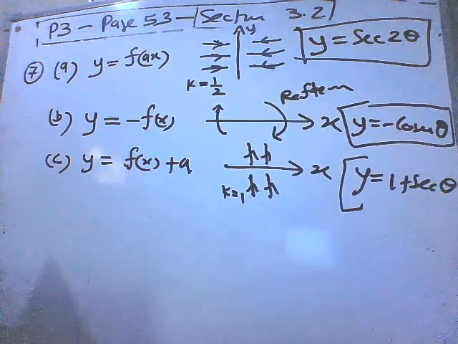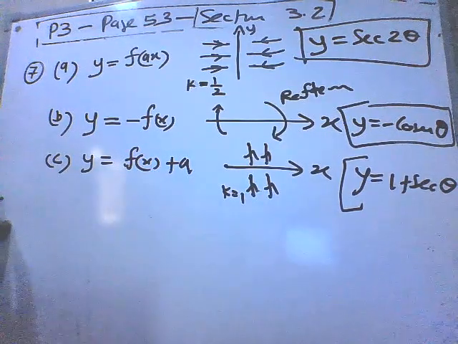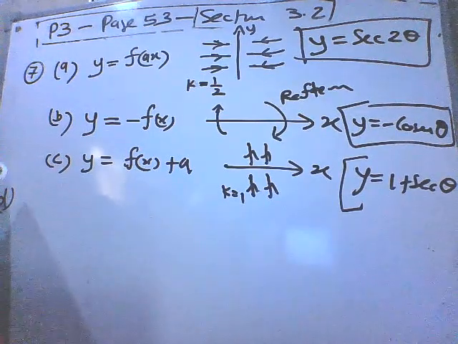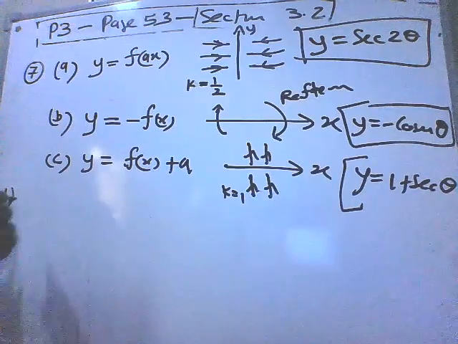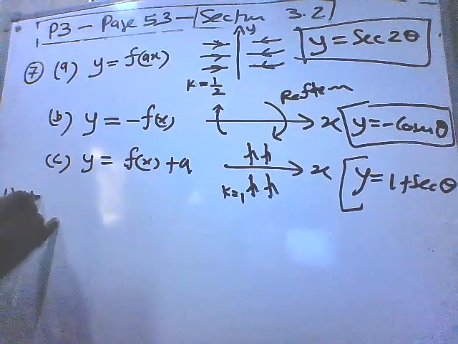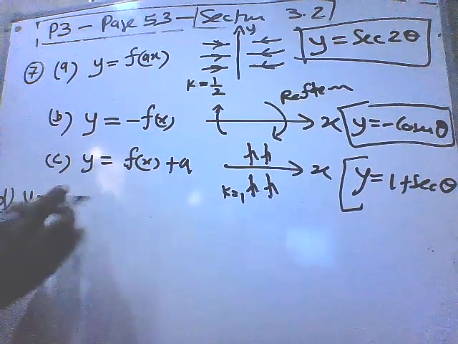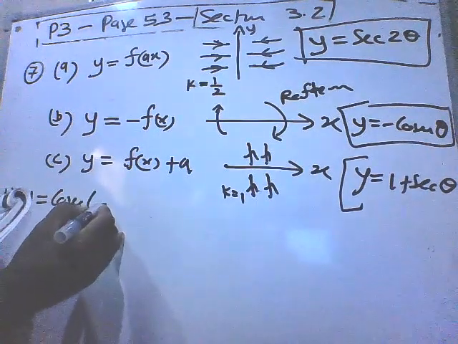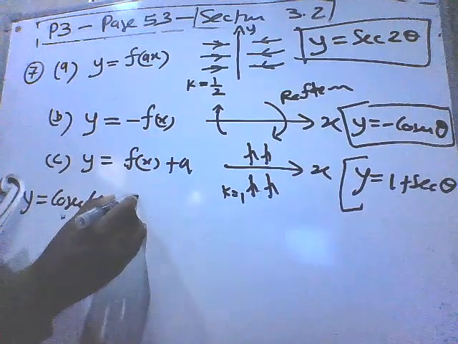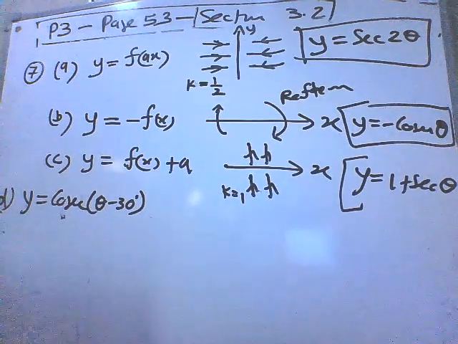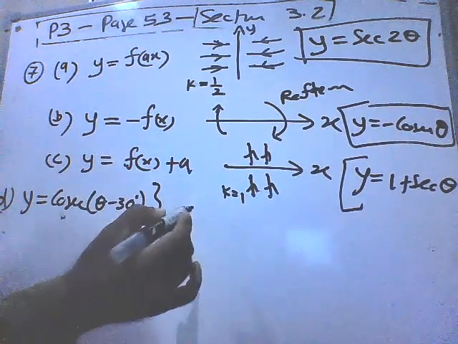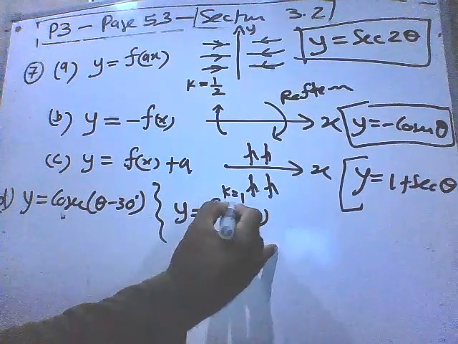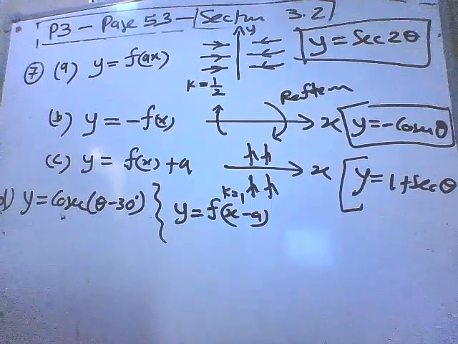Now part D is actually y equals cosec of theta minus 30, so I will write the equation. This is in the form of y equals f(x minus a).